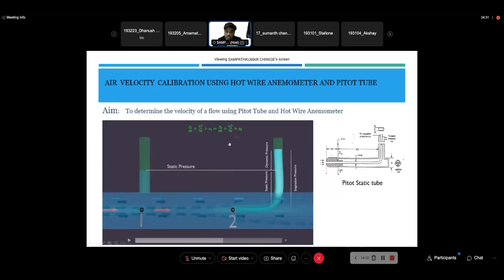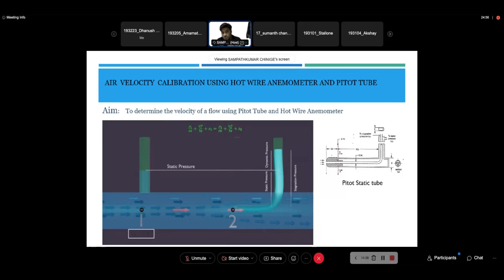Because the velocity becomes 0 at this point, P2 by rho g is nothing but the total energy associated with this particle. So P1 by rho g plus V1 square by 2g is equivalent to the stagnation pressure.